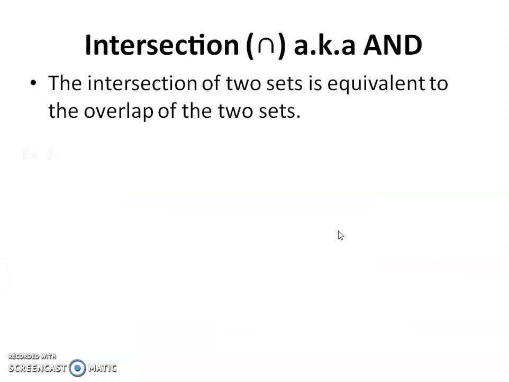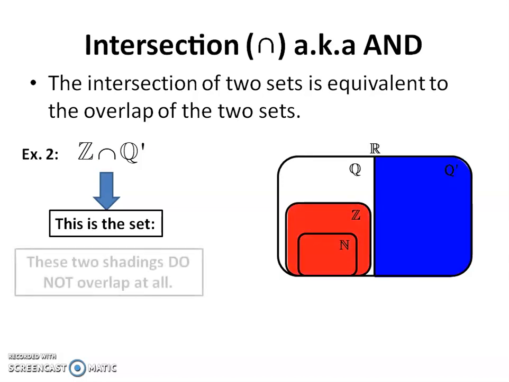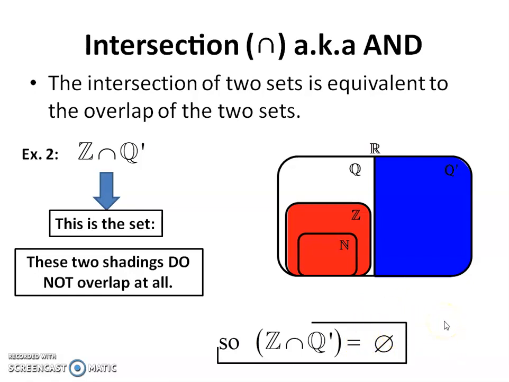And as another example, if I asked you to find the intersection of Z and Q prime, integers and irrational numbers, I would look to see where Z and Q prime overlap, and there is nowhere where they overlap. There's no part of this diagram that's both red and blue. And that means that I can write something like this. This symbol means the empty set. It basically means nothing. There is no overlap between them.